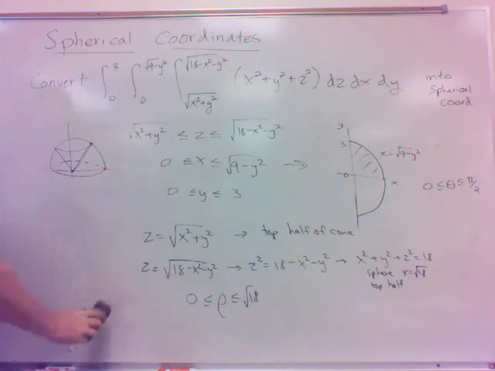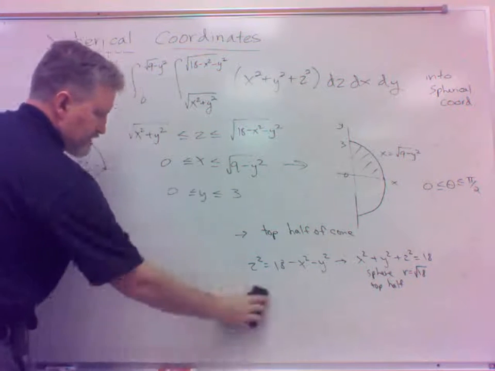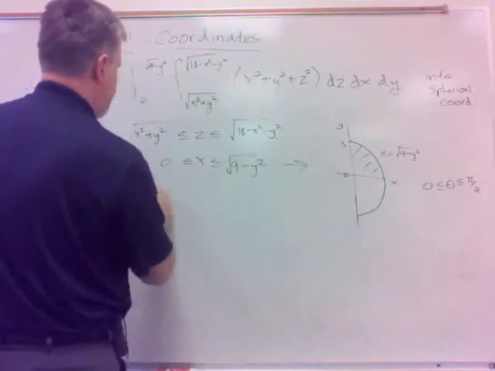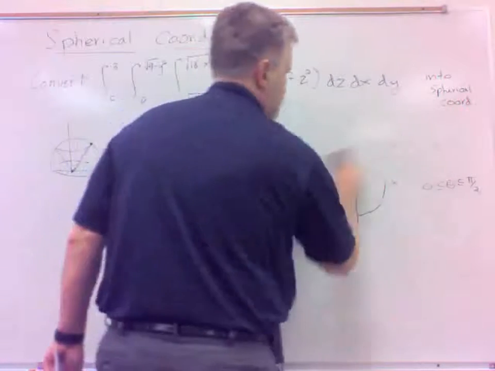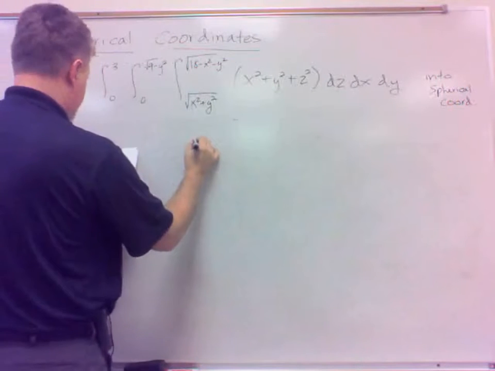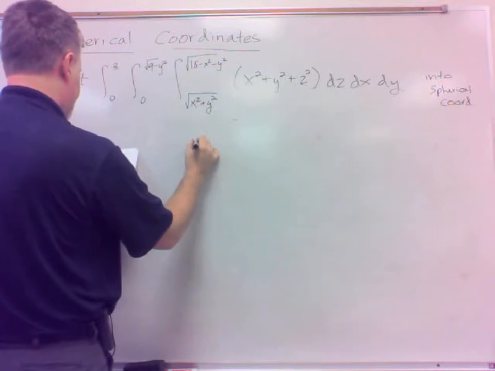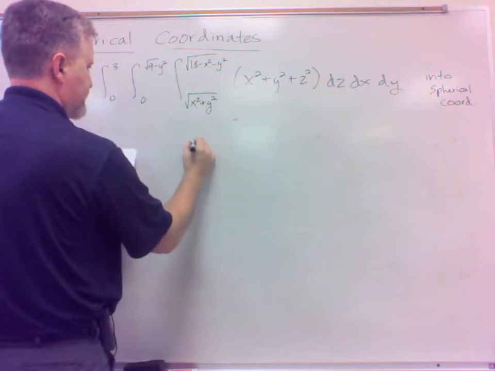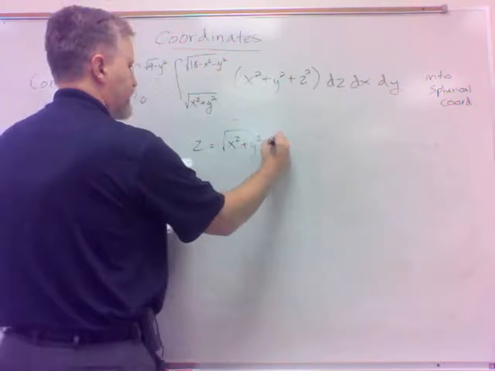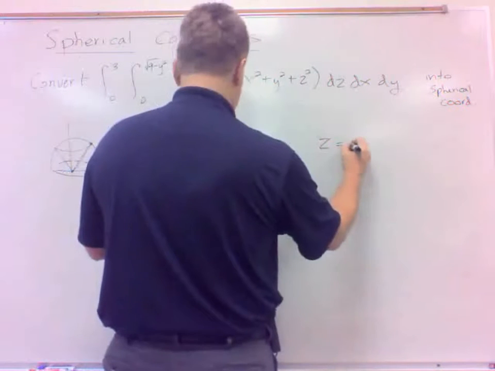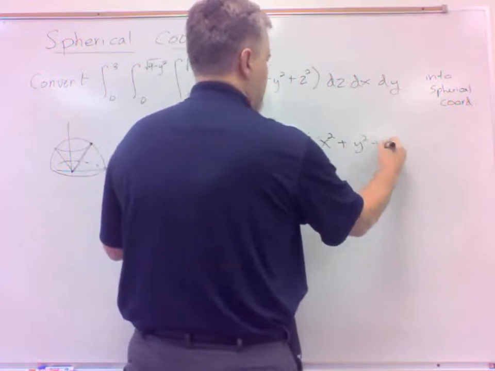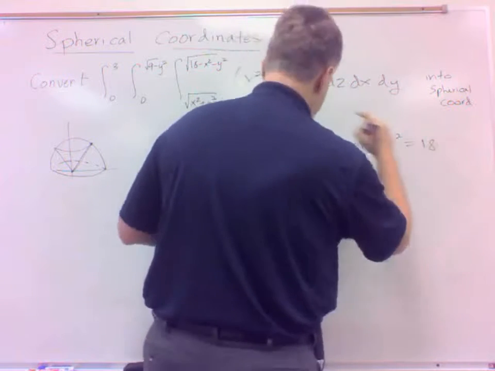So let's solve this equation here. My phi is where the cone and the sphere intersect. So for the cone, I've got z equals the square root of x squared plus y squared. And for the sphere, I've got the other version of it, x squared plus y squared plus z squared equals 18.